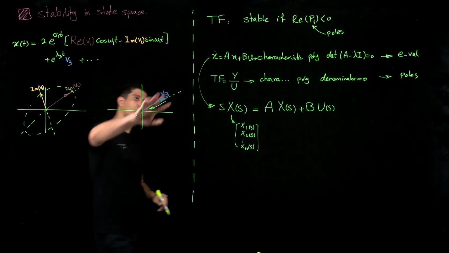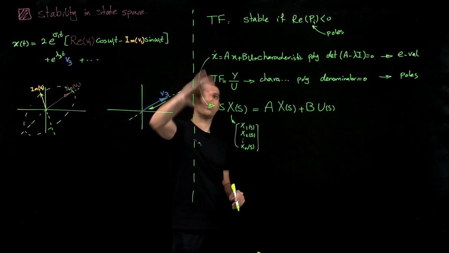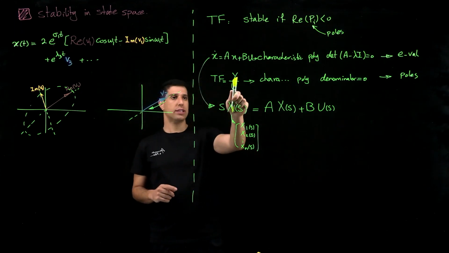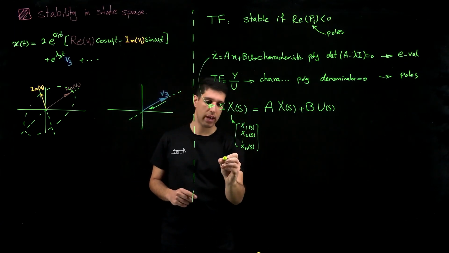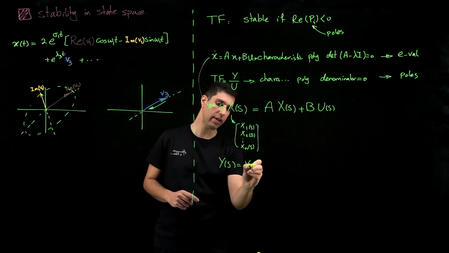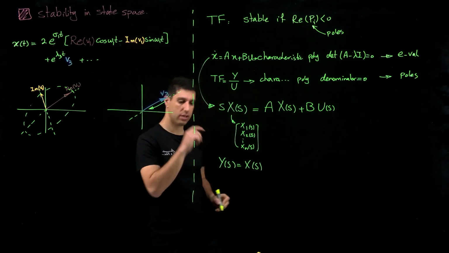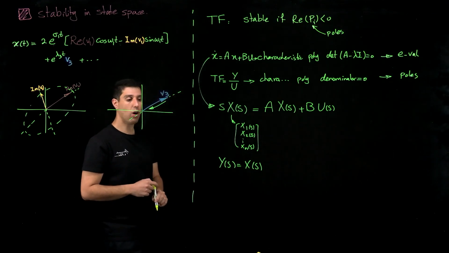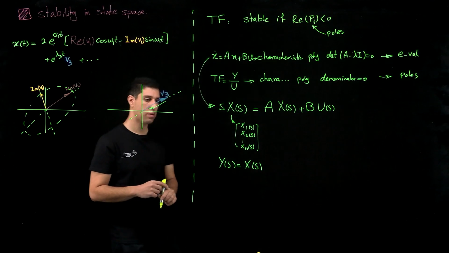So I'm going to try to relate these two forms together. And for the sake of simplicity, assume that y of s is the vector of my states, so I'm essentially measuring all the states as outputs.